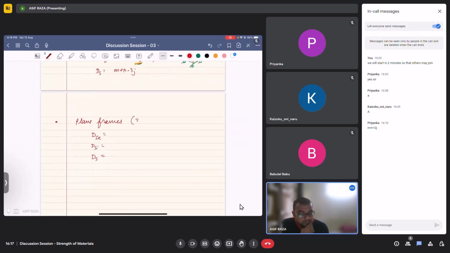Plane frames or 2D frames. DSE will be 3m minus 3c. Yes, good.